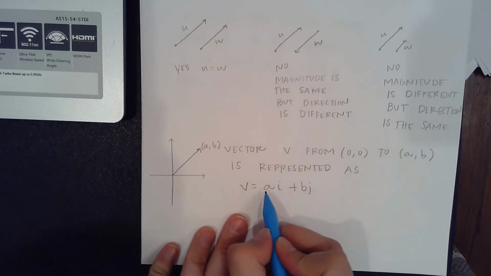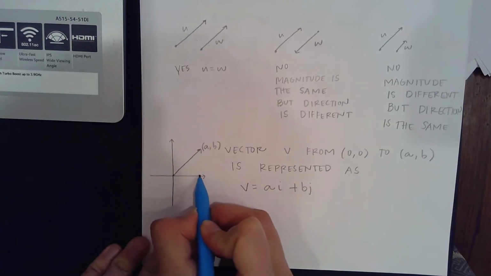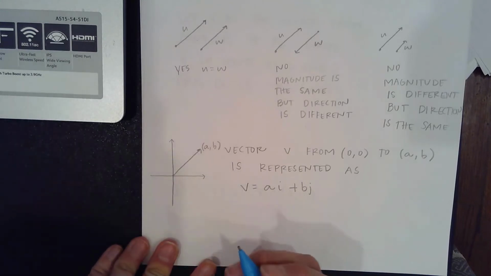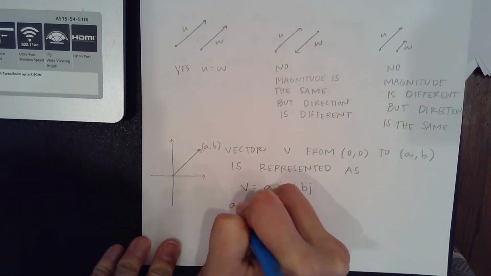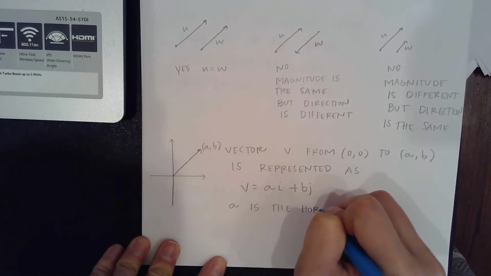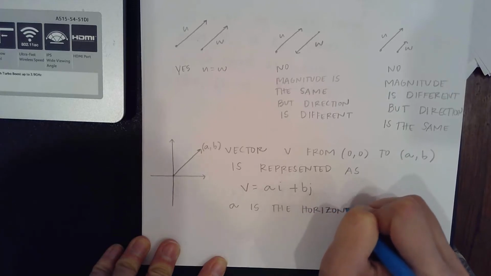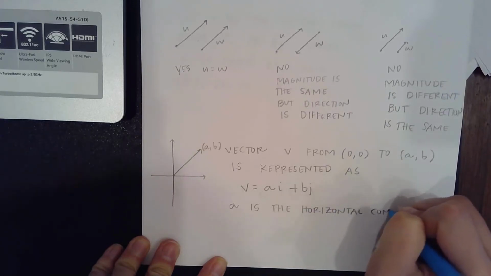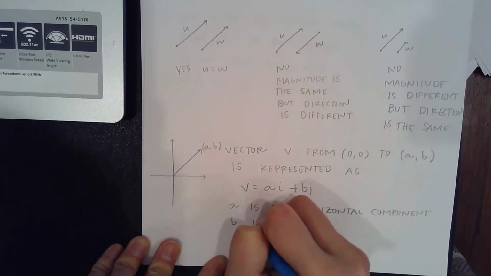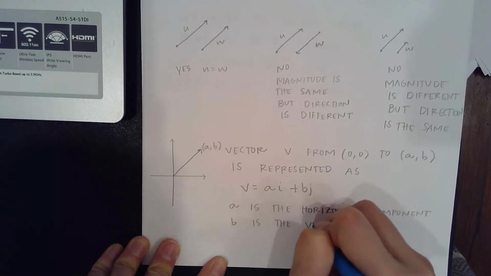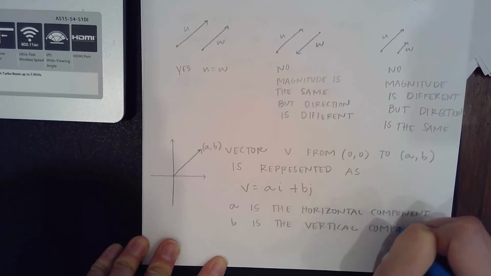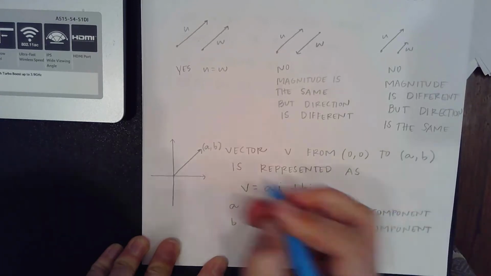Okay, so a represents the horizontal value, right? And b is going to represent the vertical. So a is the horizontal and b is the vertical. So to find the magnitude, what are we going to do?